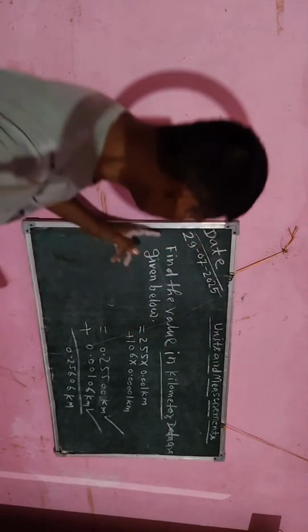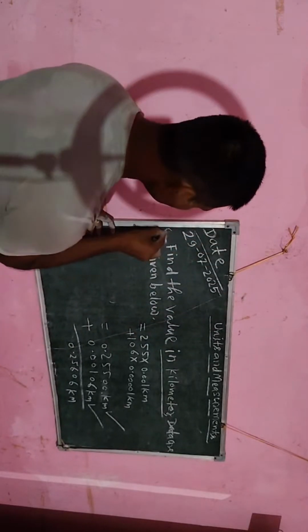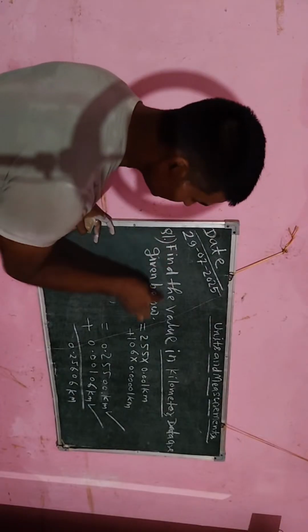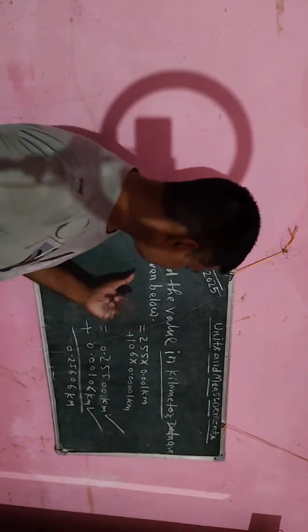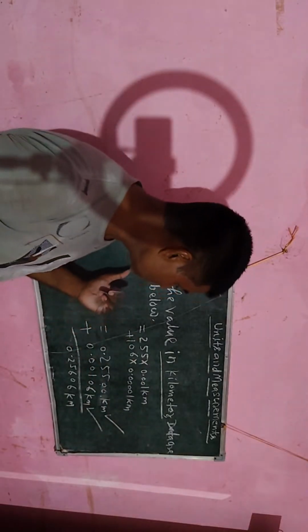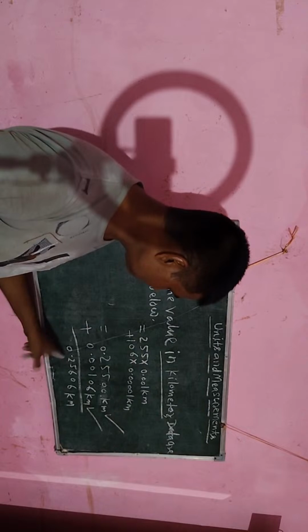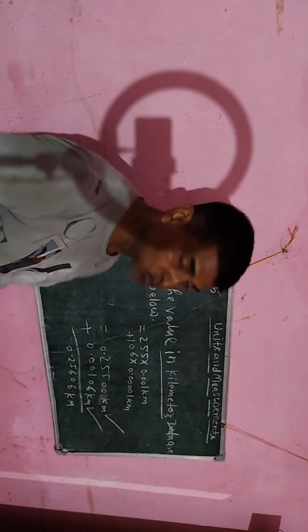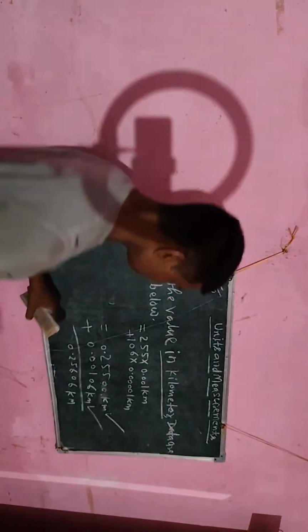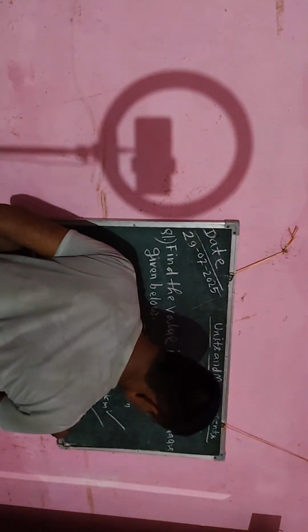So my question was to find the values in kilometer of the given quantities. According to the data, I have got its sum, that is 0.25606 kilometer. This is the answer of the question.